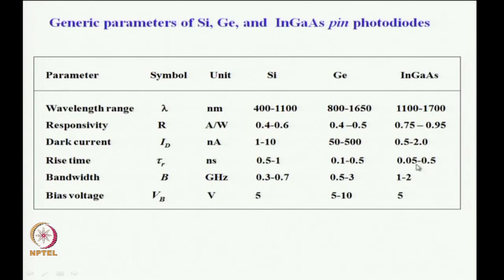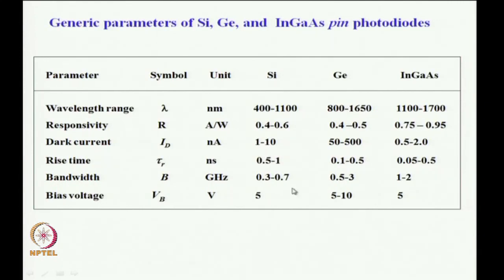Bandwidth, that is the detection bandwidth in gigahertz, is primarily the inverse of the rise time TR. The detection bandwidth is of the order of just under 1 gigahertz for silicon, and of the order of gigahertz for the others.